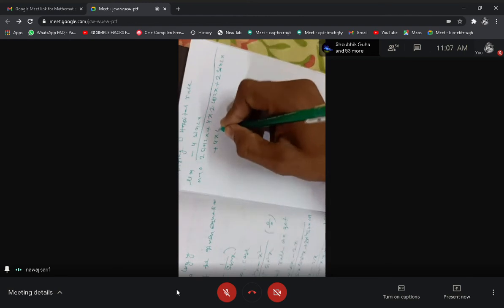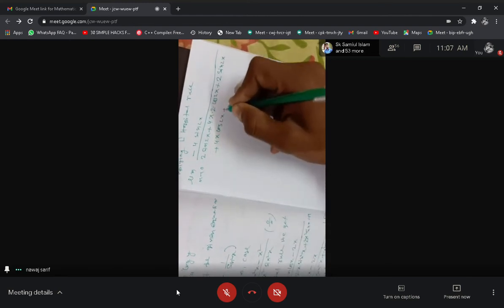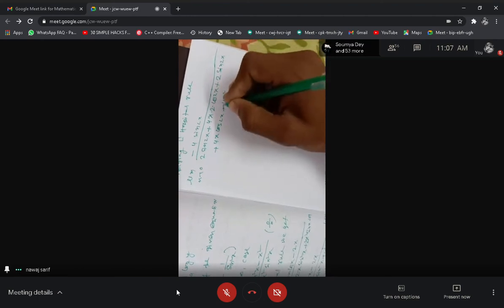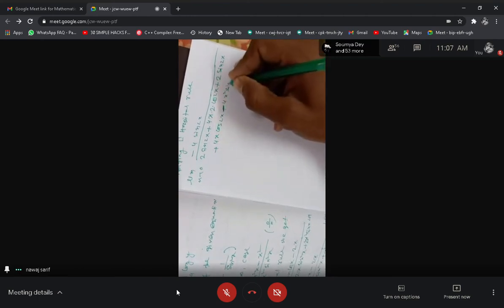So this is 4x cos 2x plus 4x square, then this is minus sine 2x. Then this is also a 0 by 0 case.